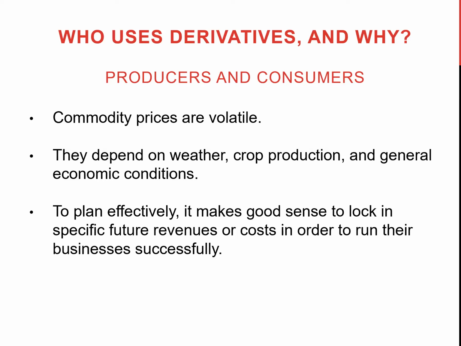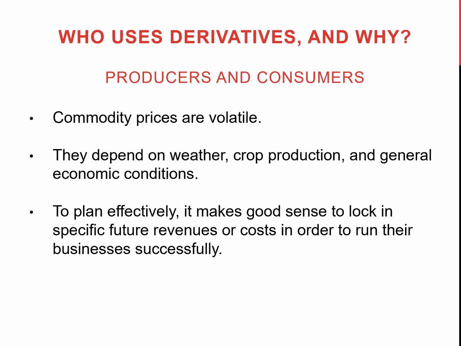For example, a crop producer, a farmer who produces corn or potatoes: depending on the weather, the production amount may vary, and that will impact the demand and supply side of the market, and that will also impact the price of the products that they are producing. And this is how producers and consumers use different types of derivatives to reduce the risk related to commodity or product price fluctuations.